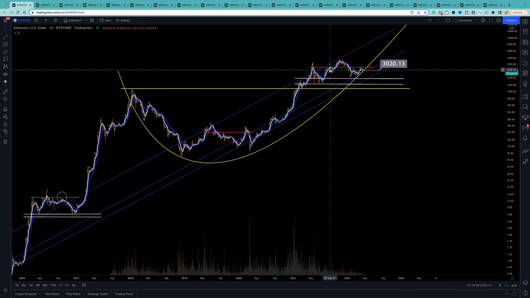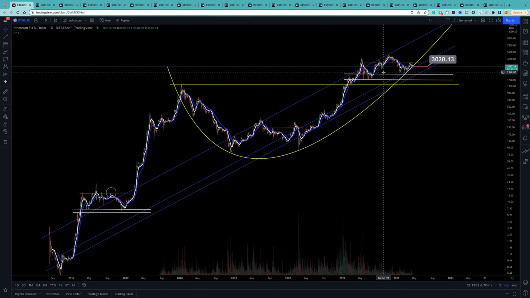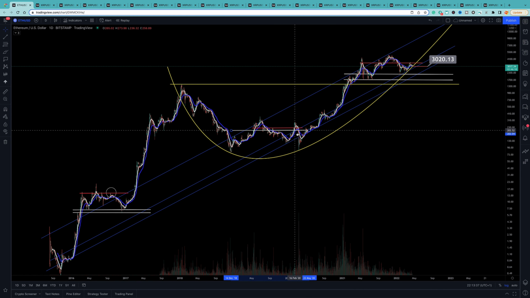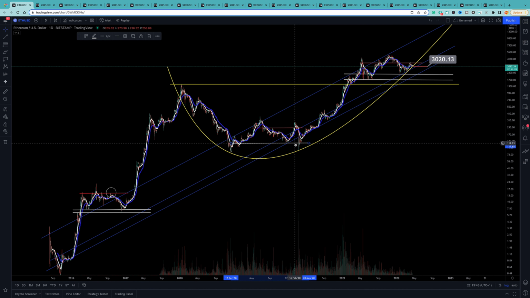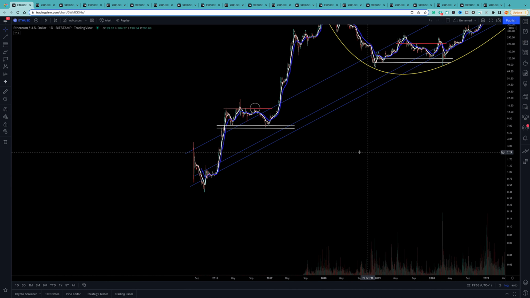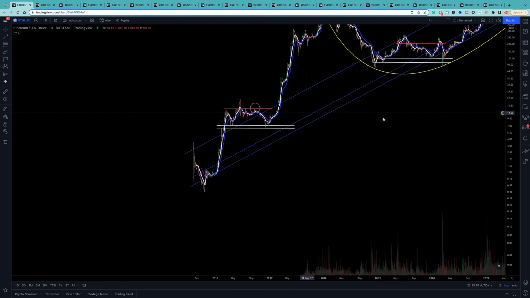Okay, so now you can see the same pattern here and here: the three peaks, the dome.